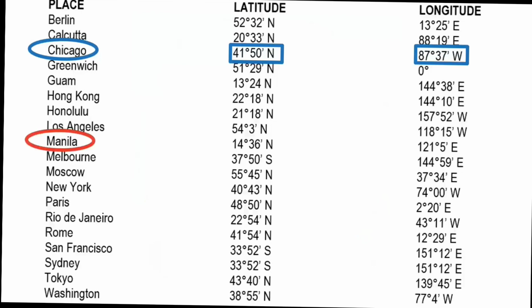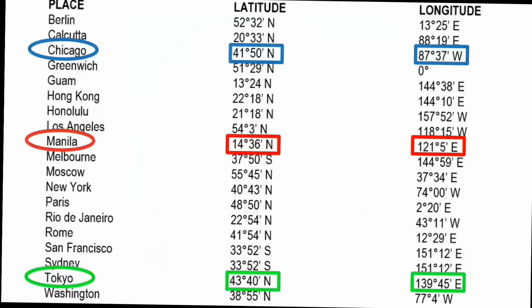Then Manila, 14 degrees, 36 minutes north for the latitude, and for the longitude, 121 degrees, 5 minutes east. Another one, Tokyo, has a latitude of 43 degrees, 40 minutes north, and a longitude of 139 degrees, 45 minutes east.